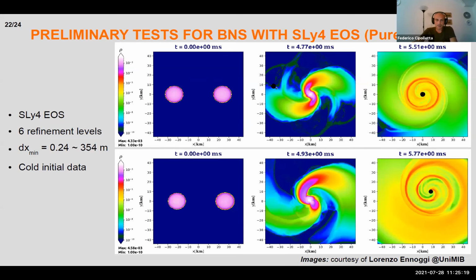In the top panel, you have the equal mass case for the binary, and you can see that the merger was performed and the black hole was formed. And in the bottom panel, you have the unequal mass case, and even if we are here adopting a really low resolution, you can see that there is a kick in the black hole that is somewhat expected from an unequal mass binary merger producing a black hole.